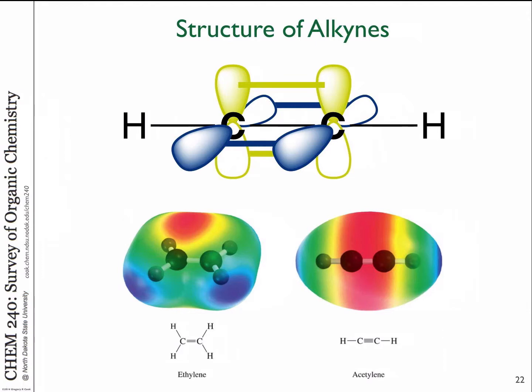Ethylene, as I said, is a planar molecule with about 120 degrees between the atom angles. Acetylene is a linear molecule, so there's 180 degrees between any of the atom angles.